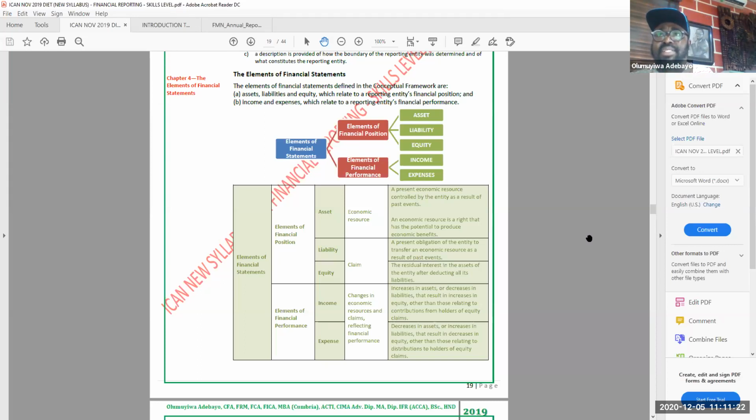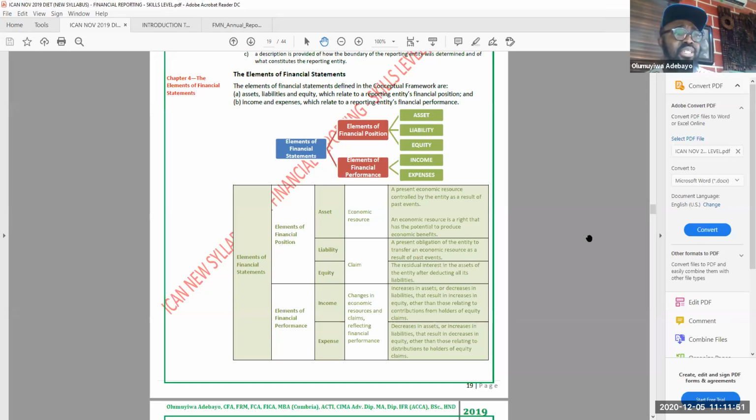And what could bring about that in practical sense? One, when you sell goods, okay, you make income. That's one. Two, when you render services, you make income. That is two. There are situations where you don't sell goods, neither did you render service, but you are passive and you still make income. How possible is that?